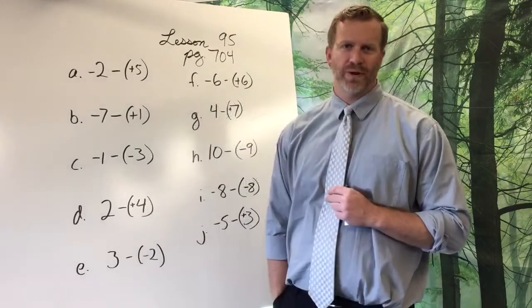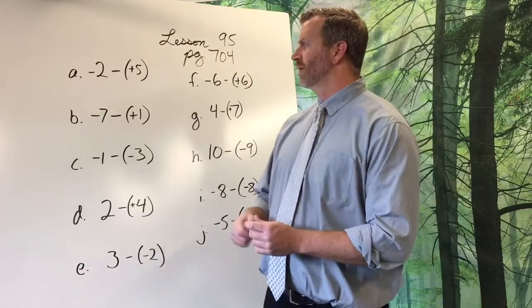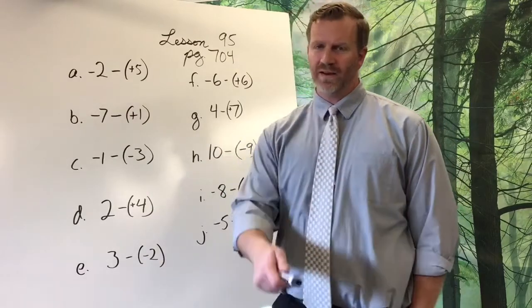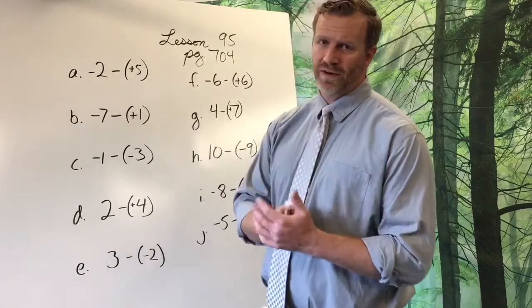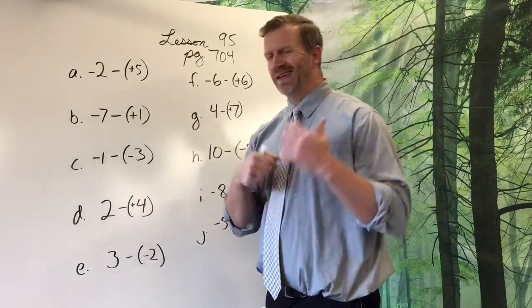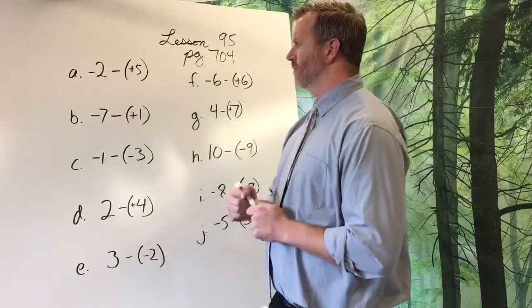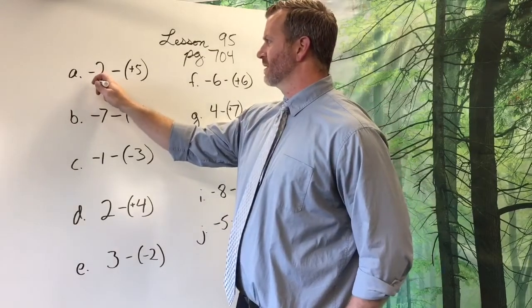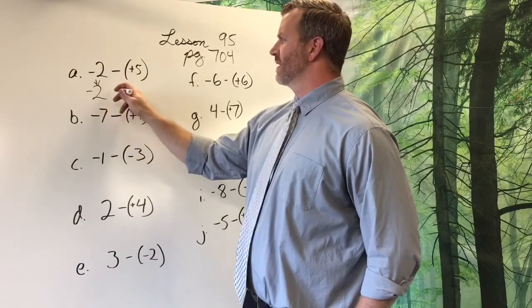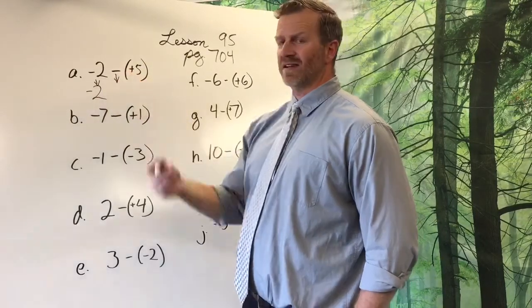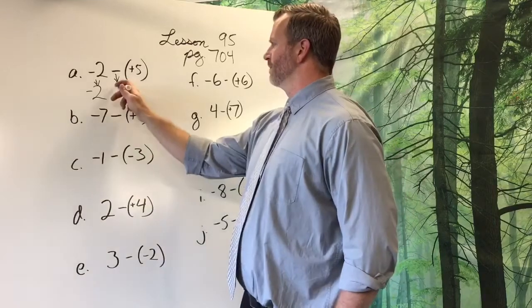Here we go with some lesson practice, friends. So, starting off with A, we have -2 minus a +5. So they want us to convert it to algebraic addition and then find the answer. So we're going to bring the first number down, right? Because that -2 stays -2. Now, as we come down, our minus sign is going to become an addition sign.